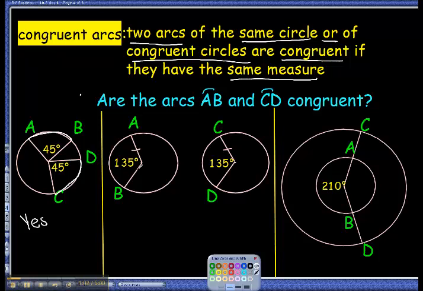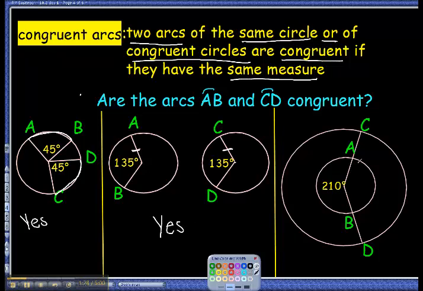Now, if I take a look at the arcs AB and CD on this example, the question is, are they congruent? Well, they're not on the same circle, but if you notice, their radii are congruent. And as long as they have a congruent radius measure, then yes, those are congruent circles. So these are two arcs of congruent circles, and they have the same measure, so these, yes, are going to be congruent arcs.